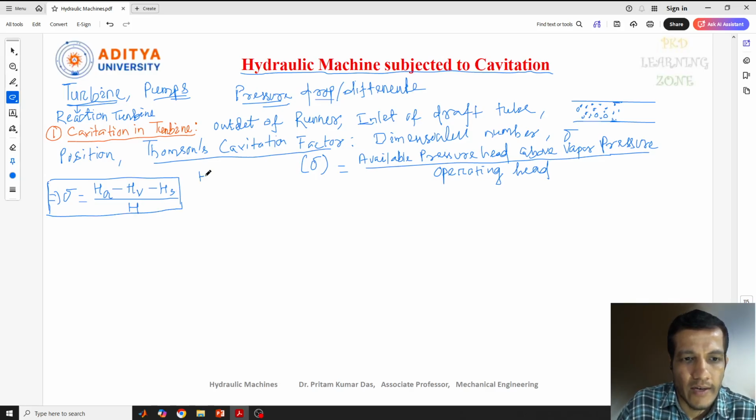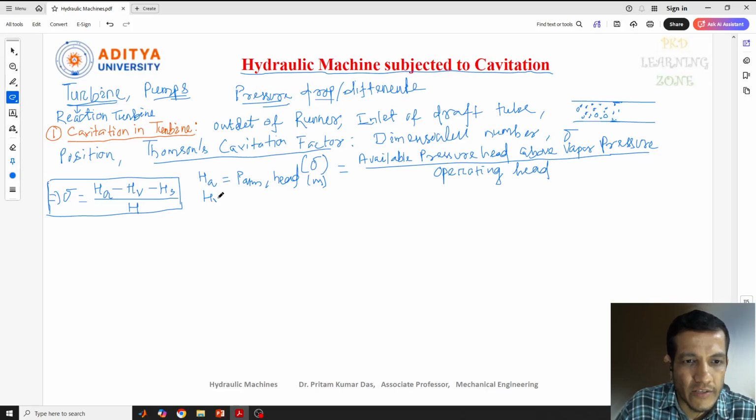So here HA is the atmospheric pressure head. Short form I have written atmospheric pressure head, and head unit we know is meter.